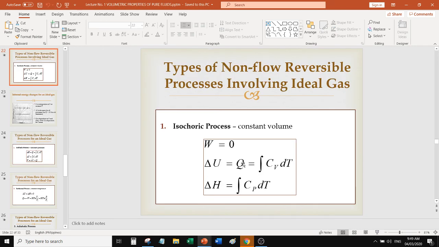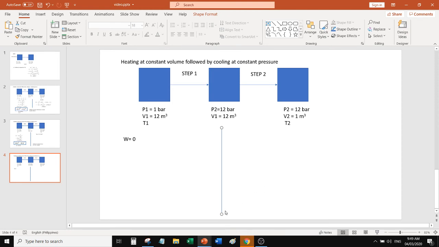And then Q is equal to CV dT. So we can make use of that, or we can just solve that later and proceed to the work in step 2. Step 2 work, for an isobaric process, is negative PdV.